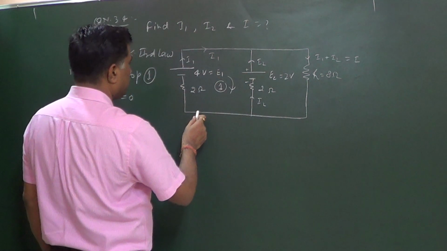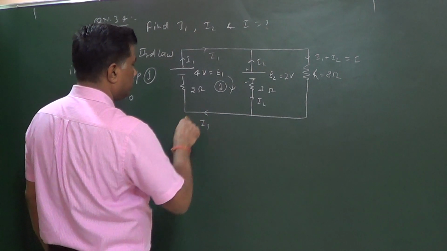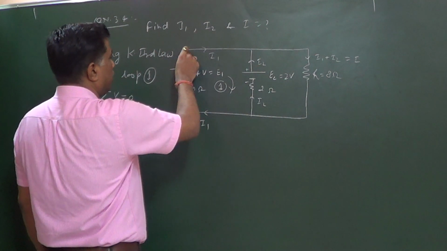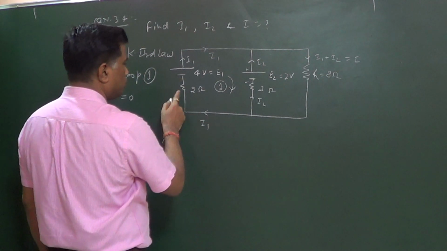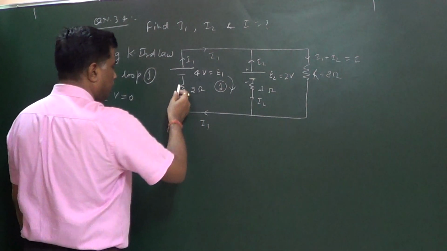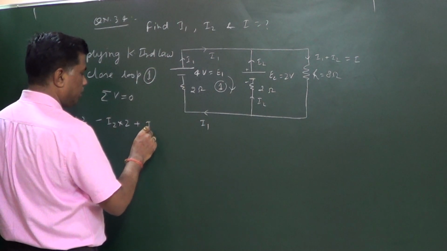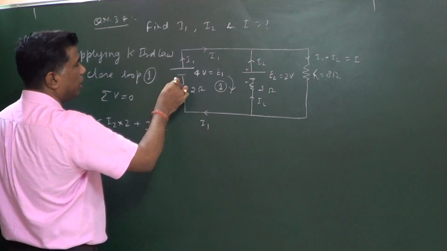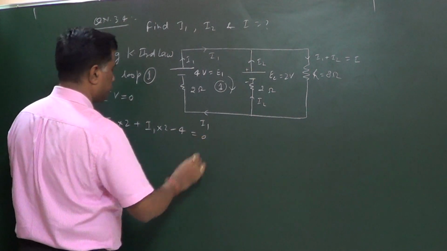Again there is no resistance in this arm, and the current will be I1, as I1 current is coming out from the cell, so the same current will enter. So in this resistance 2 ohm, I1 current is flowing and we are moving along the direction of current, so IR will be positive. So I1 into 2 will be positive. Now we are moving from negative to positive, so this minus 4 will be negative.